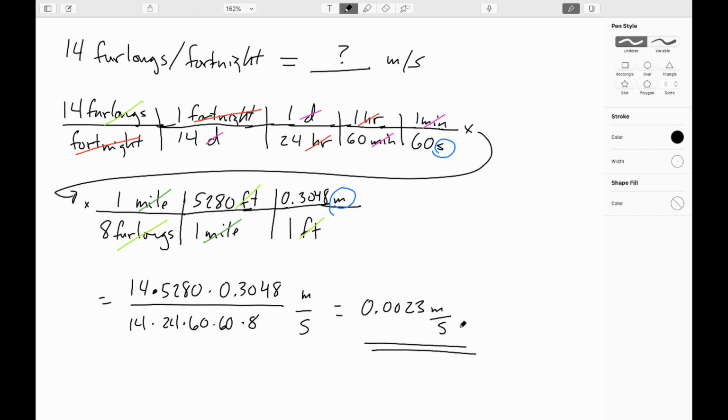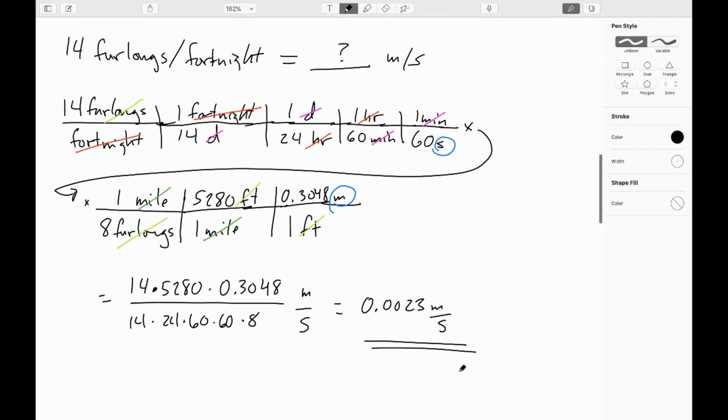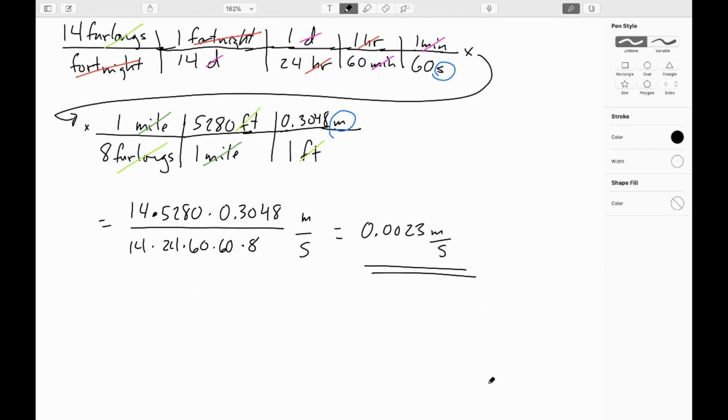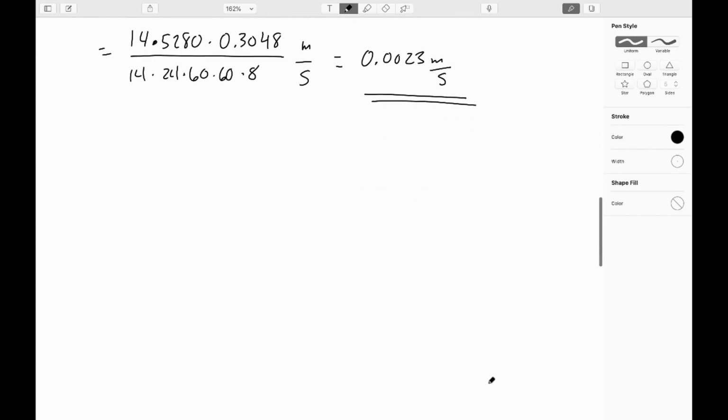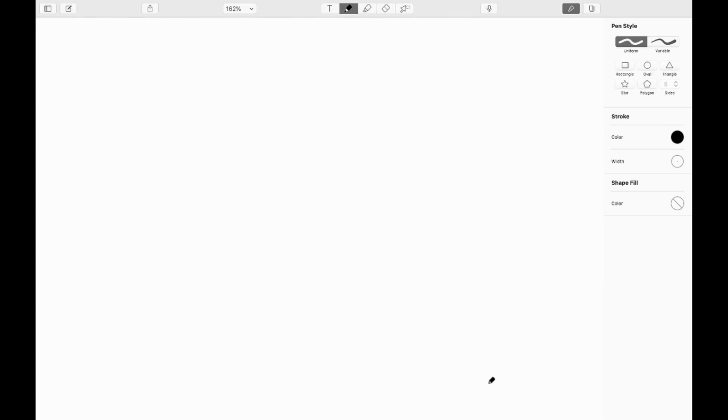Okay. But when we do this method, we do have to be a little careful, especially when you're doing areas or volumes. But let's do an area as an example. So let's just convert 1 acre to some number of square meters.